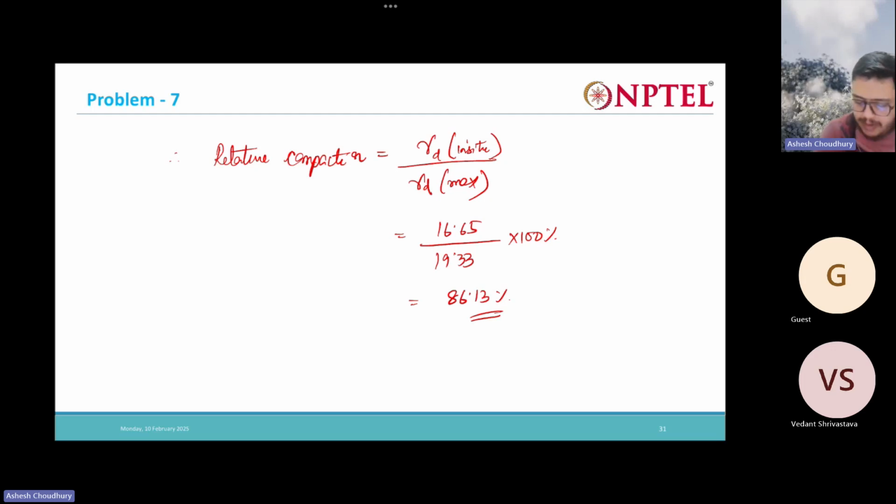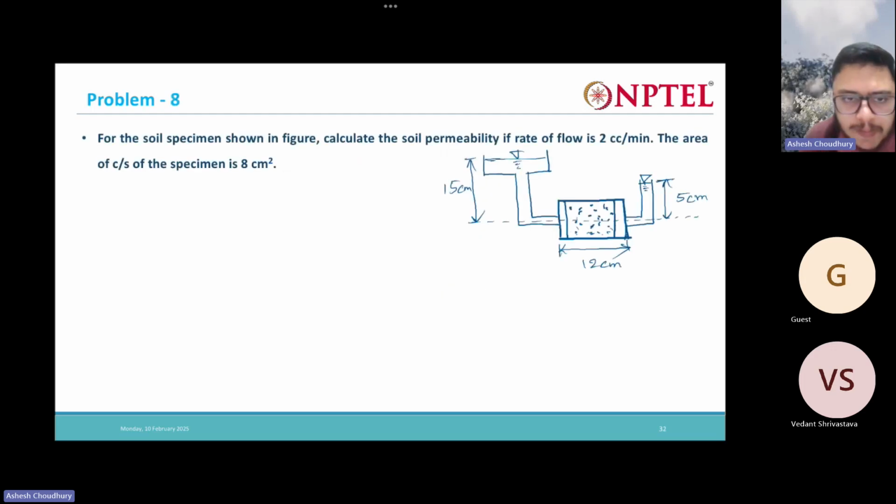Now next problem is from permeability. For the soil specimen shown in the figure, calculate the soil permeability if the rate of flow is 2 centimeter cube per minute, 2 cc per minute. The area of the cross section of the specimen is 8 centimeter square. This is extremely easy. Try to solve this problem.